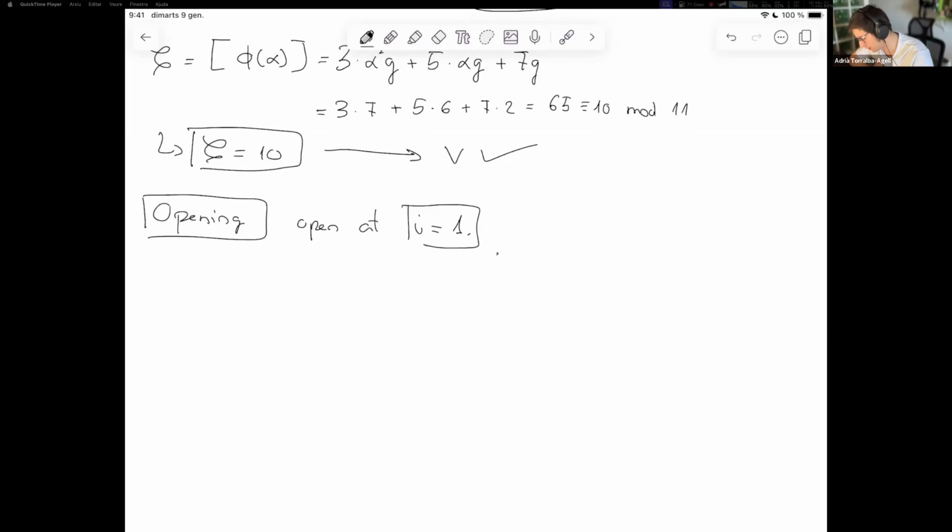Now, prover, what do you need to provide to the verifier? I recall you that you need to provide I, phi of I, and this commitment C to the verifier. What do we have here already?